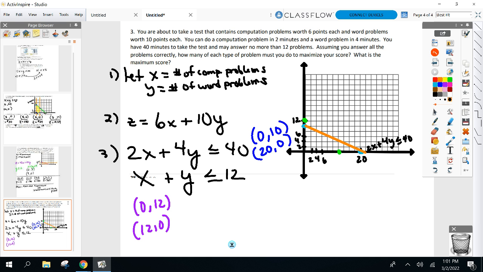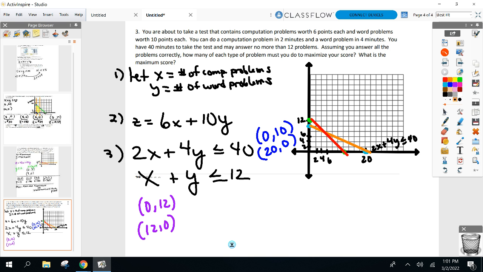And then how about the shading? Both lines should be going towards 0, 0, because 0, 0 works in both of them.